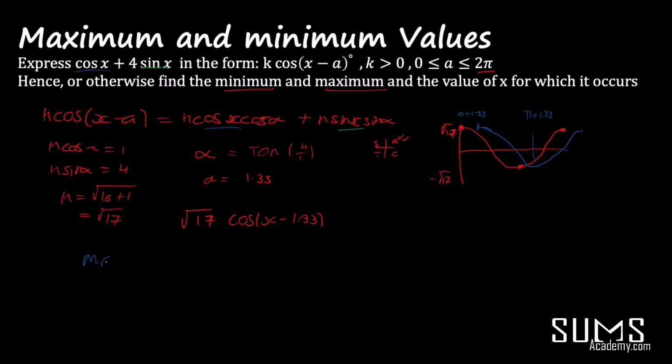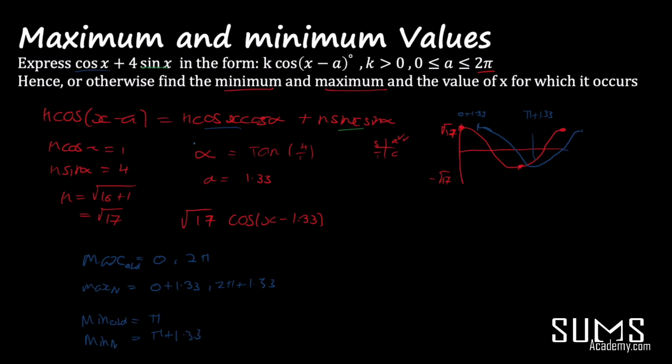So max old is equal to 0 and 2 pi. Max new is equal to 0 plus 1.33 and 2 pi plus 1.33. Then the minimum, min old, is equal to pi. Min new is going to be equal to pi plus 1.33.